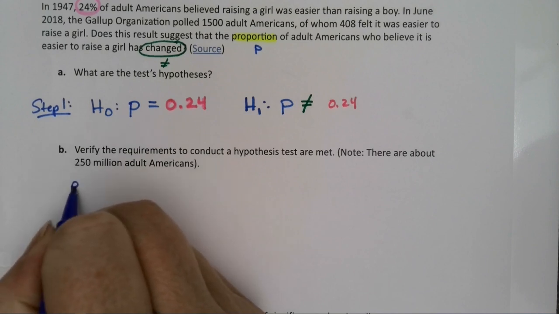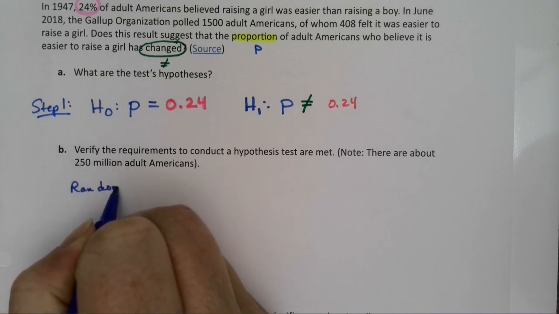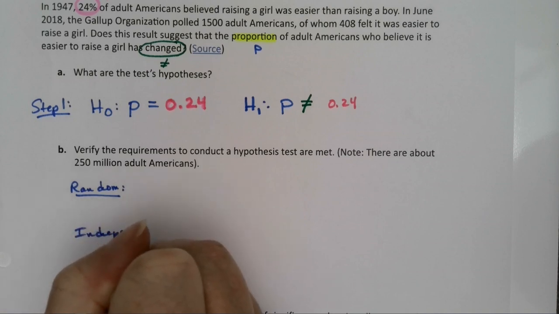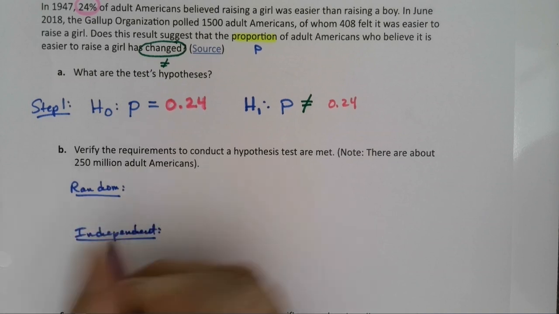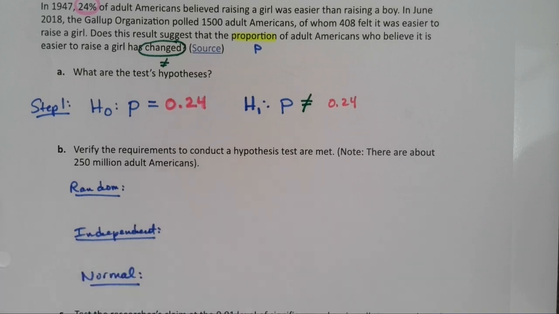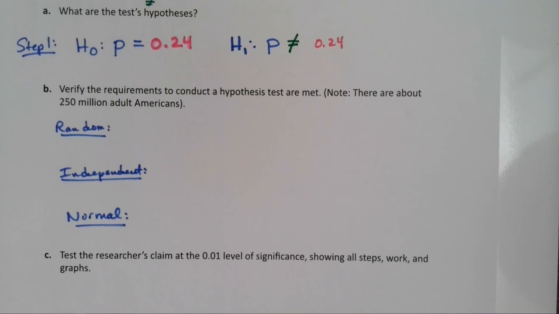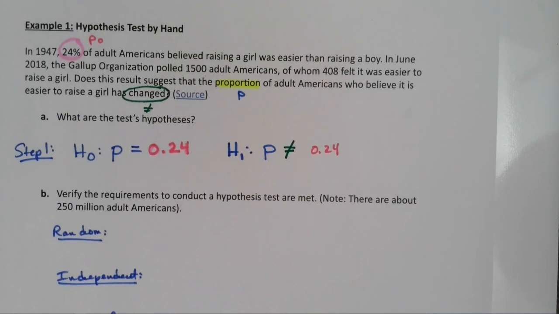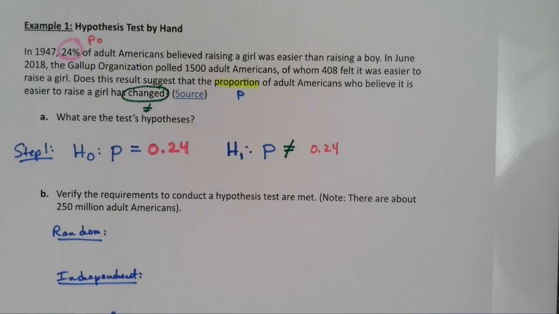So that would be random, independent, and normal. Same things we saw in Chapter 8 and Chapter 9. Now, random is really easy because it said somewhere. Oh, it didn't say it.